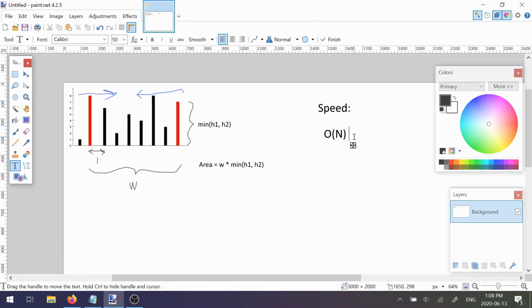We only go through each of the elements of the list once. In terms of memory, what we do keep track of for every iteration is just the area for that iteration, as well as the maximum area that we have so far. So we have a constant number of variables that we do keep track of, and that will give us a memory efficiency of O(1).